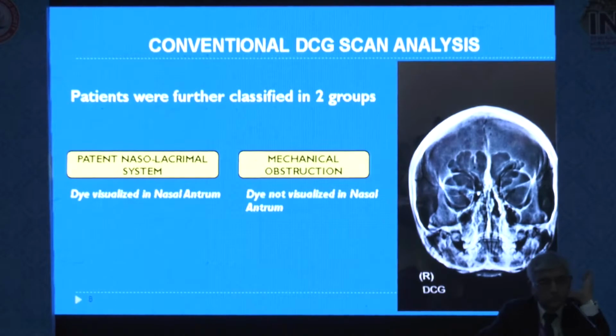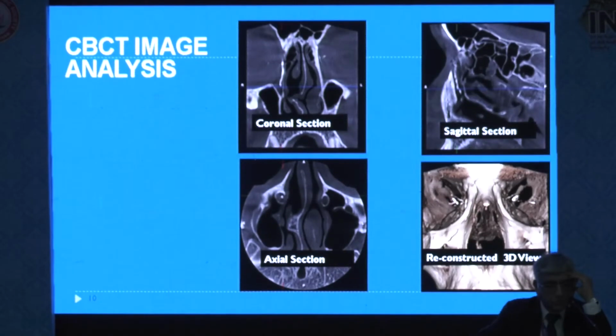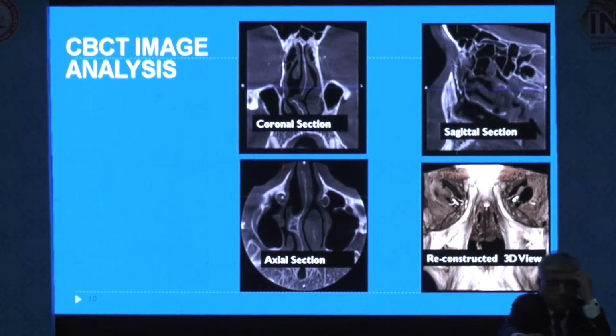And in the conventional group, there is patent and non-patent. All the images were analyzed by me and the dental radiologist. As with any CBCT imaging, the CBCT provides coronal sections, sagittal sections, axial sections, and the reconstructed 3D view.